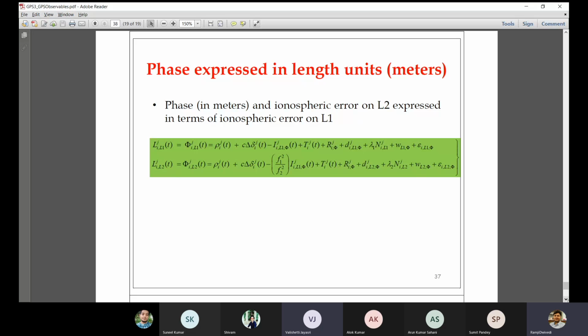The previous equation, which looks a little complex, is because it is written in terms of cycles. In order to write in terms of cycle, you have to represent the individual terms in terms of cycle. So that's why the previous equation looks a little complex, but it's very easy. The second form which we are observing right now is the phase expressed in length units, which is meters.